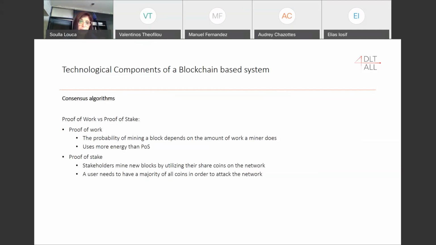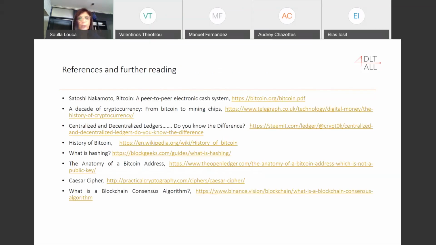In the proof of stake, stakeholders mine new blocks by utilizing their own share of coins on the network, and a user needs to have a majority of all coins in order to be able to attack the network. And this is, of course, difficult to do.